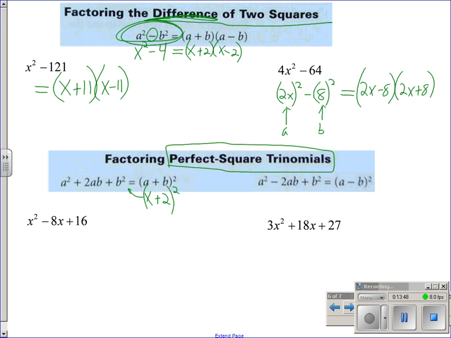So my x is the a value, so we're going to have x squared, 2 times a times b. All right, x is a, 2 is b. So 2 times x times 2 is a plus 4x plus b squared. Okay, x plus 2 quantity squared. If you were to FOIL that out, that's what you would be getting. So it follows that pattern.